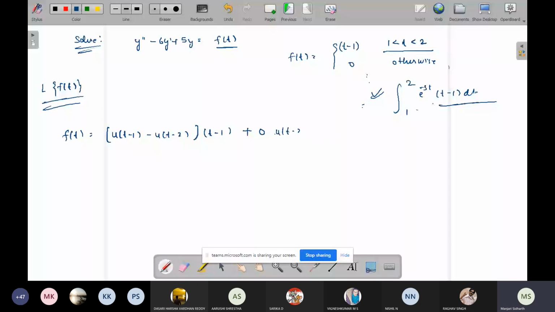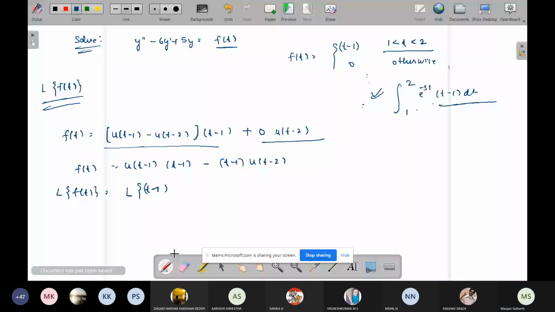That means simply ft is equal to u of t minus 1 times t minus 1, minus t minus 1 times u of t minus 2. Now you need to take the Laplace transformation of ft. So Laplace of t minus 1 and u of t minus 1, and Laplace of t minus 1 and u of t minus 2.